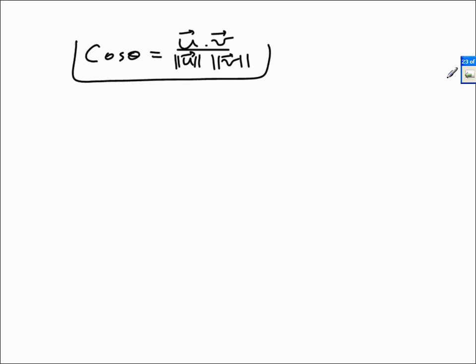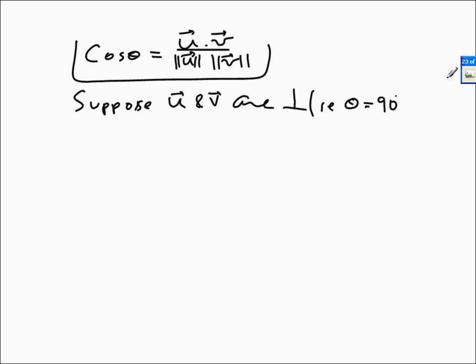Now, suppose u and v are perpendicular. They meet at a right angle. That is, the angle between them is 90 degrees.